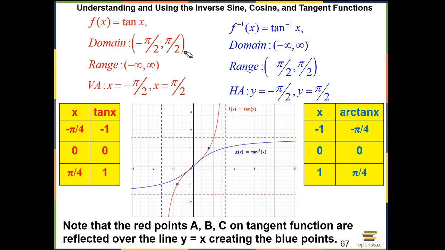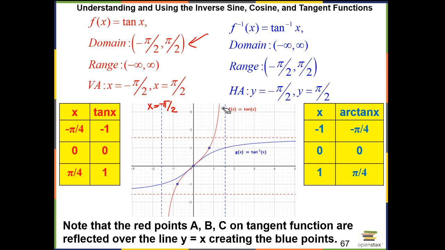Okay? All right, so this is tangent. Again, remember, we restrict the tangent to negative pi over 2 to pi over 2. And the range of tangent is all real numbers, this red graph here, right? And remember, tangent has vertical asymptotes. x equals negative pi over 2, right?